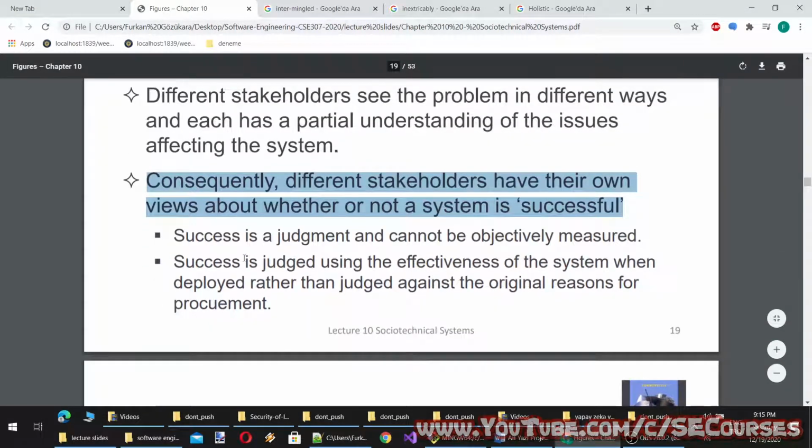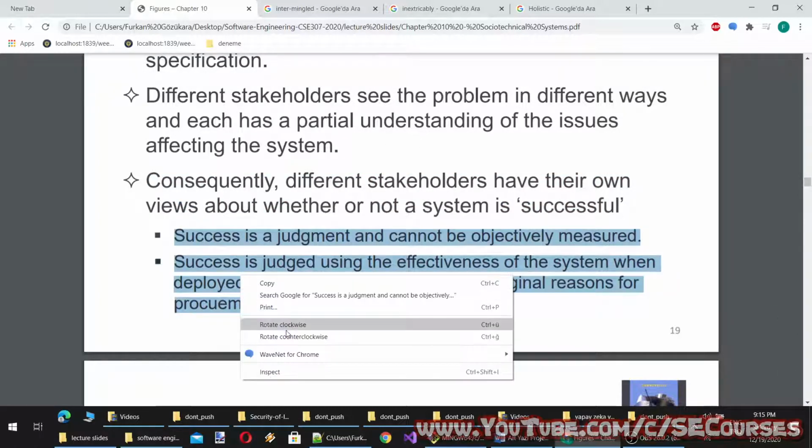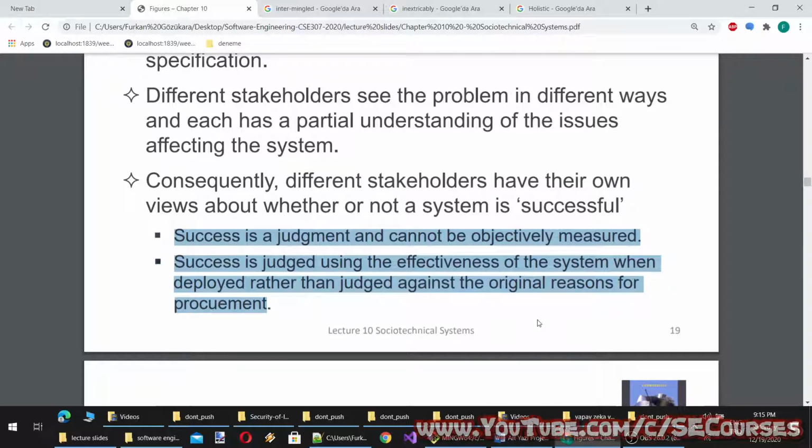Consequently, different stakeholders have their own views about whether or not a system is successful. Success is a judgment and cannot be objectively measured. Success is judged using the effectiveness of the system when deployed rather than judged against the original reasons for procurement.